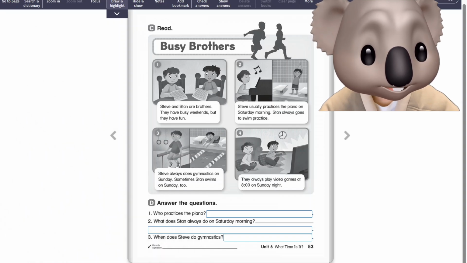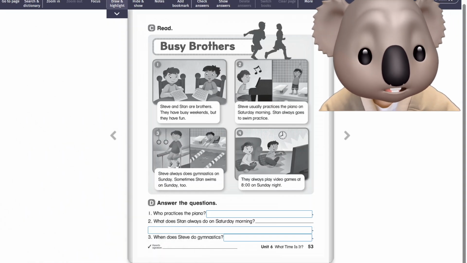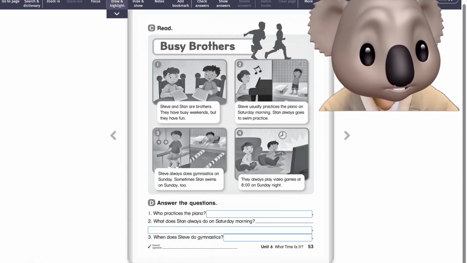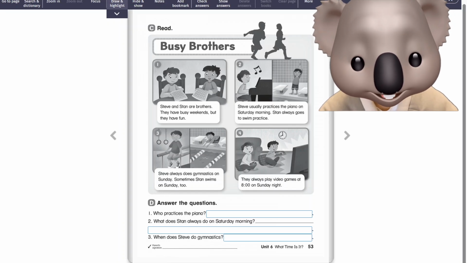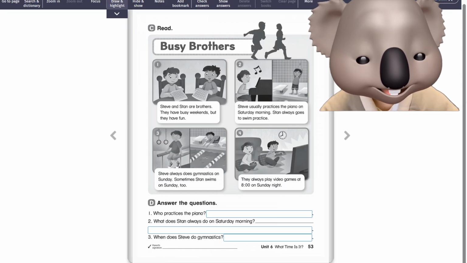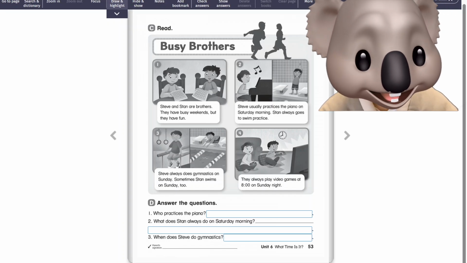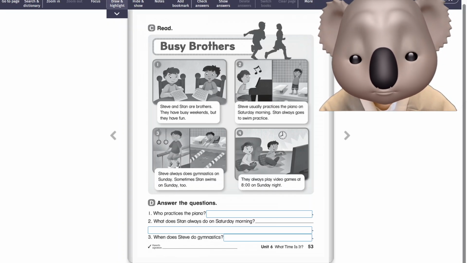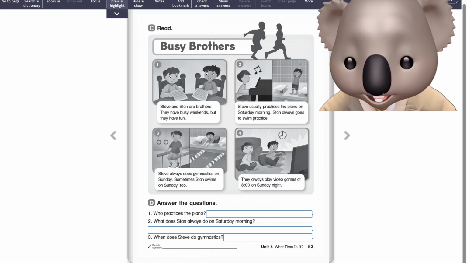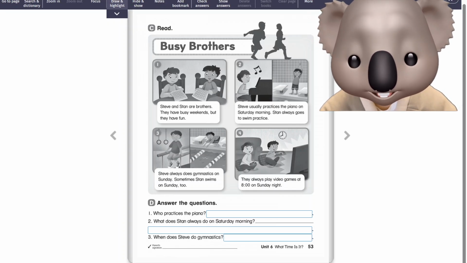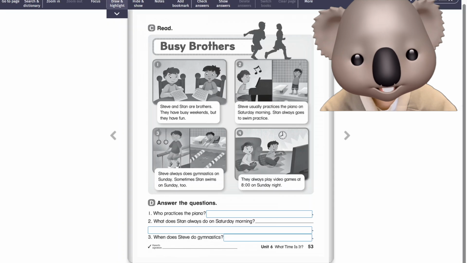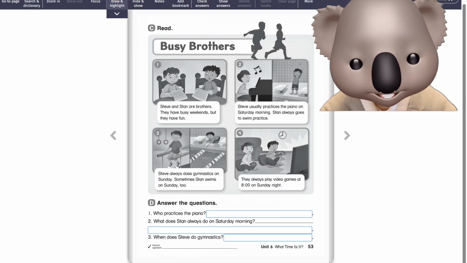On page 53, our story today is about busy brothers. In the first picture, it says, Steve and Stan are brothers. They have busy weekends, but they have fun. 오, 주말이 굉장히 바쁘구나. In the second picture, it says, Steve usually practices the piano on Saturday morning.